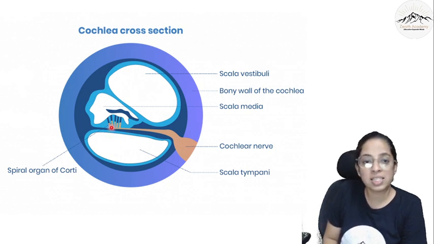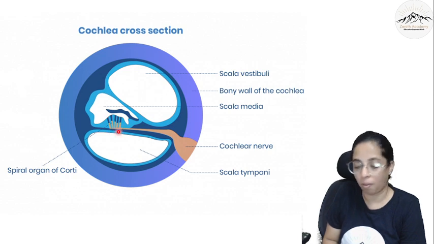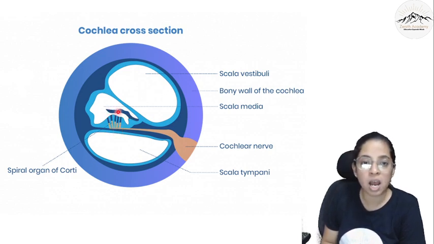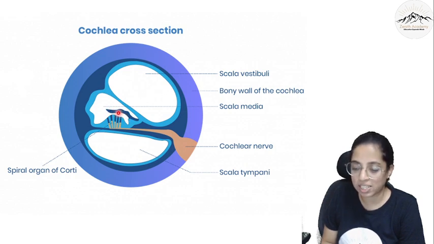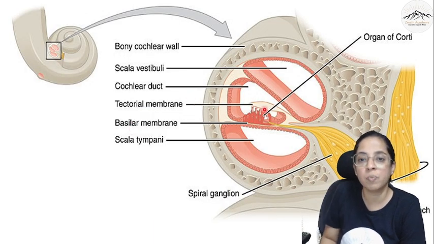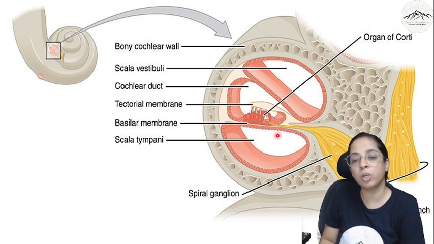And this is the basilar membrane. Clear to you? And this dark blue colored membrane is known as the tectorial membrane. So this dark blue is tectorial and this is basilar. If you see in this diagram here also, this one is the tectorial membrane and the one below is the basilar membrane. So this diagram is very important to understand.